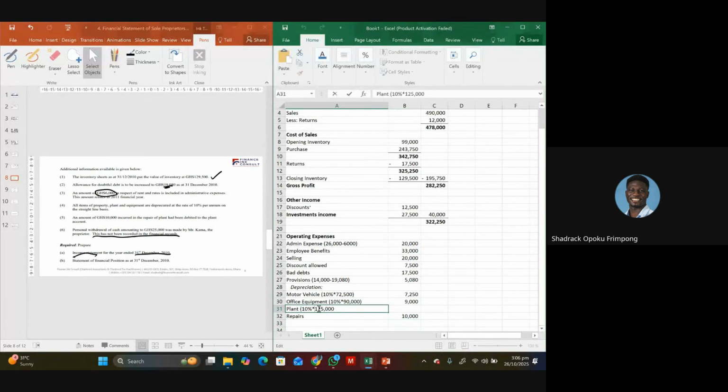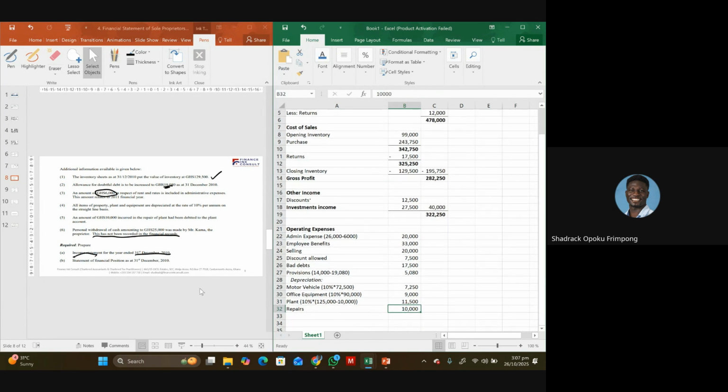So the cost shouldn't be 125, but rather it should be 125 minus 10,000, meaning 115, right? So we'll deduct 10,000 before we apply the depreciation rate on it, giving us the book value. So this is how it should be. The 10,000 should be treated as an expense, not as part of the cost of the asset. So this minus this.